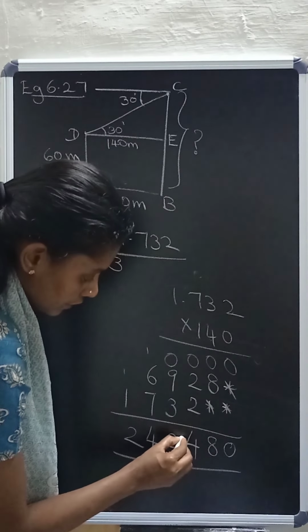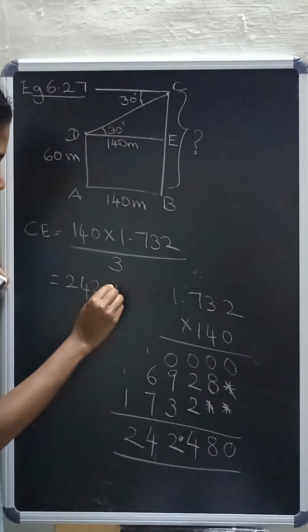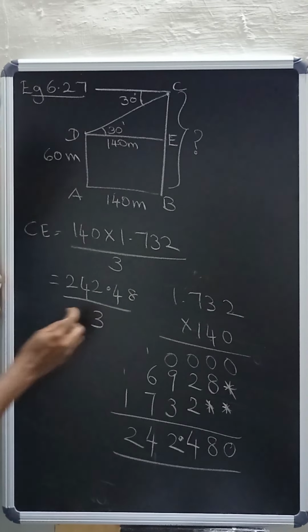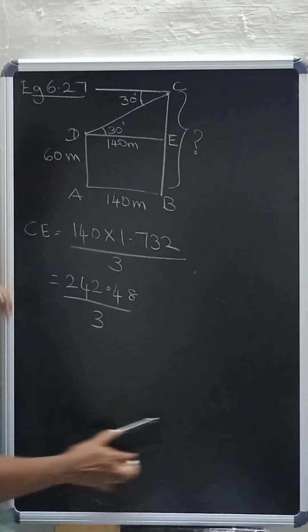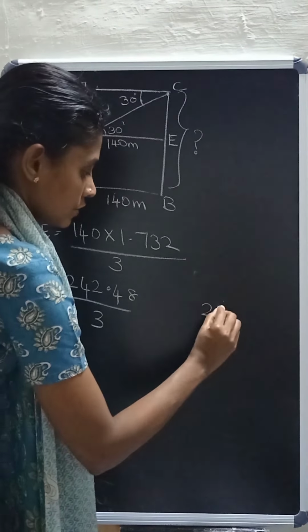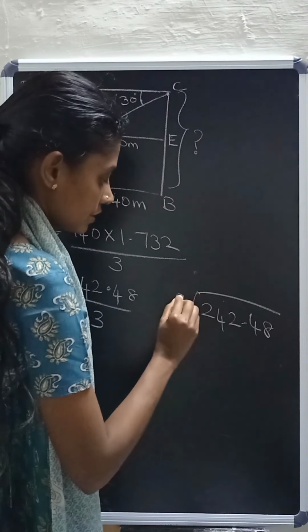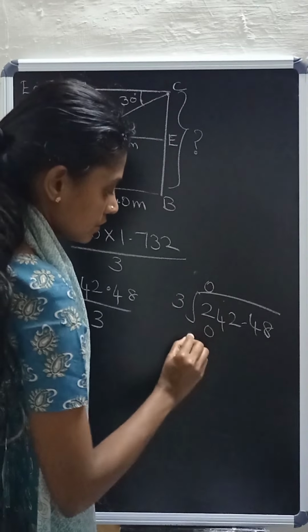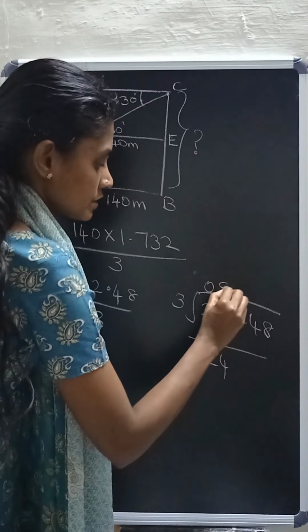So 242.48 divided by 3. 48 divided by 3, 3 8s.